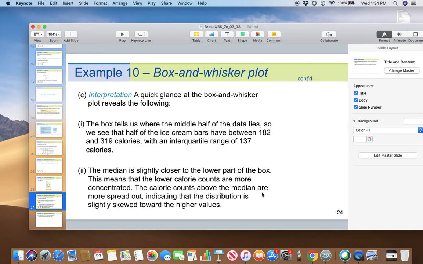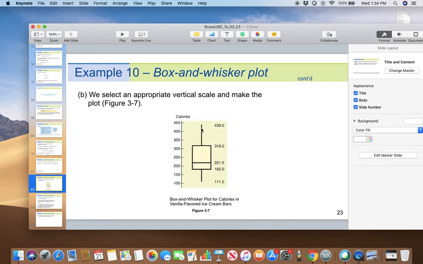Calorie counts above the median are more spread out, indicating that the distribution is slightly skewed towards the higher values. So there are fewer data values here. That's why the median is closer to the lower side. They are more spread out.